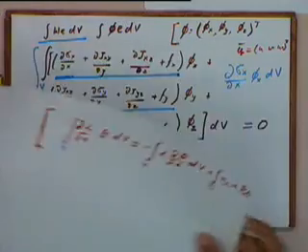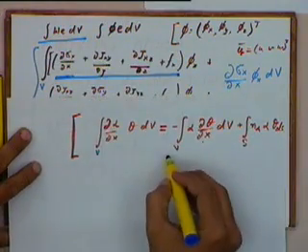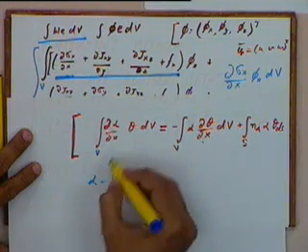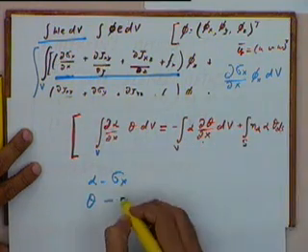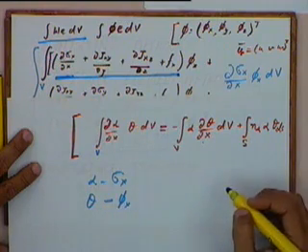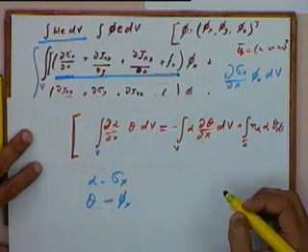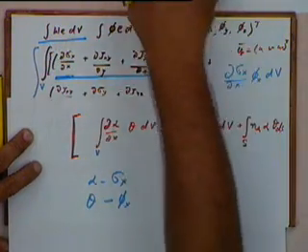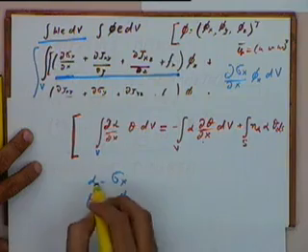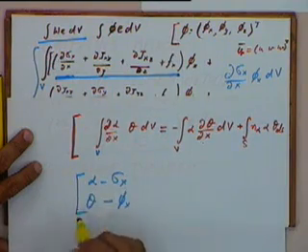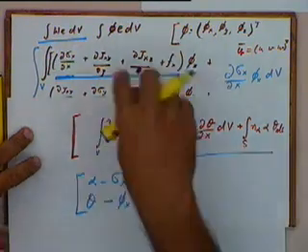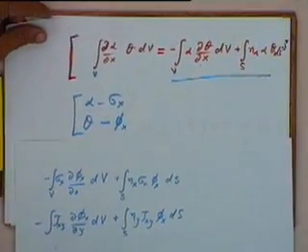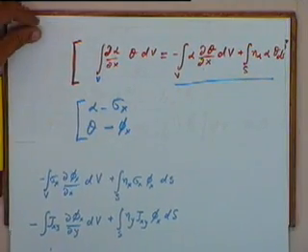If you compare this with the term that you have here, your alpha is the same as sigma x, and theta is the same as phi x. If I put these in, this first term would become something like this.